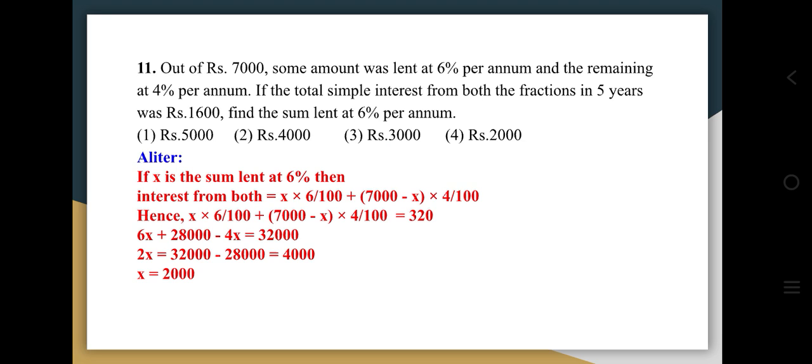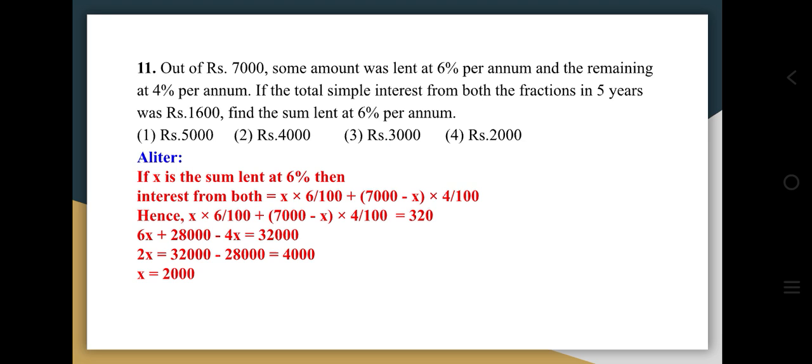So we calculate interest for x at 6%, and for 7,000 minus x at 4%, for 1 year. For amount x, the interest is x into 6 by 100. For 7,000 minus x, lent at the 4% rate, it is 7,000 minus x into 4 by 100.